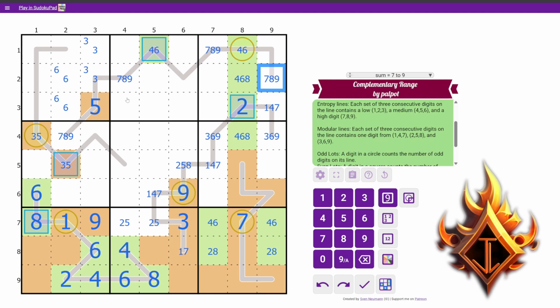Okay. It'll put this at 1, 2, 3. This one, 1 or 2. And this one, 1 or 3.